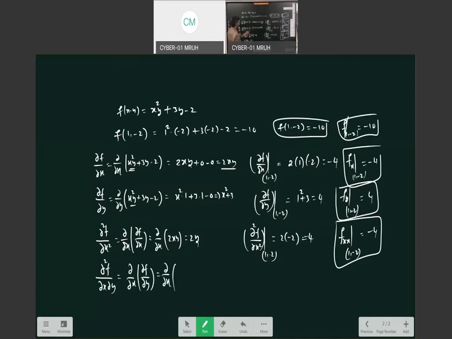It is x square plus 3, which gives 2x plus 0. Now dou square f by dou x dou y at 1 comma minus 2 is 2 into 1, which is 2. Okay? So in short notation, f x y at 1 comma minus 2 is 2.